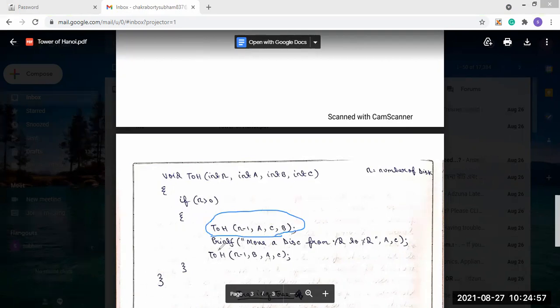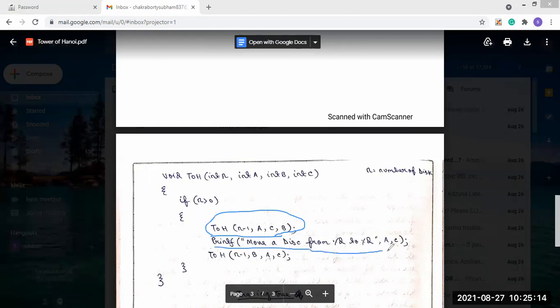Then in the next step, we move a disk from A to C, and that's why it is printing the value. You see, that is the next step.